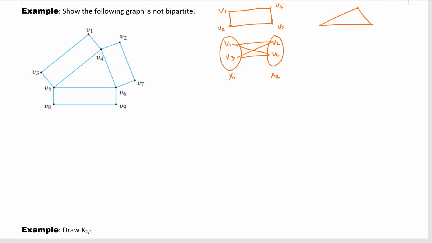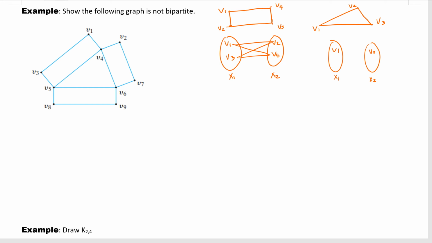So we notice that in a biparty graph, the vertices in the same set don't have an edge. They're not adjacent to each other. But if we have a triangle, let's see what happens. Let's say V1 is in x1, and because V2 is adjacent to V1, V2 should be in x2.